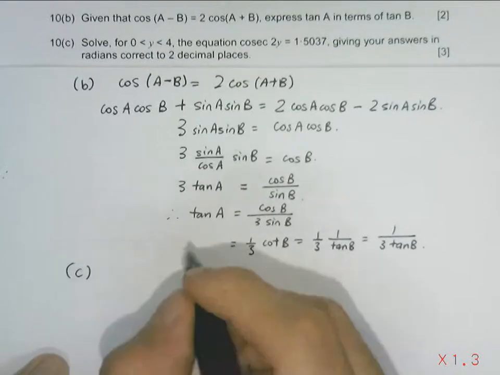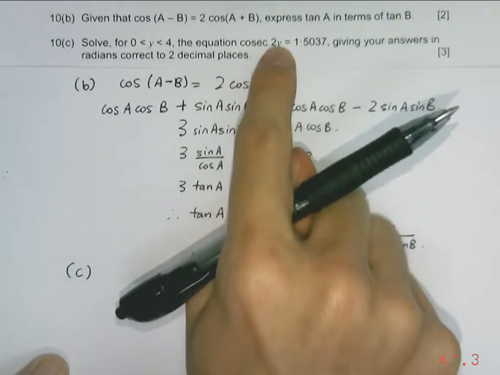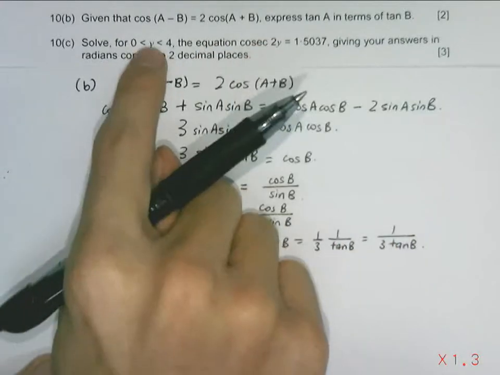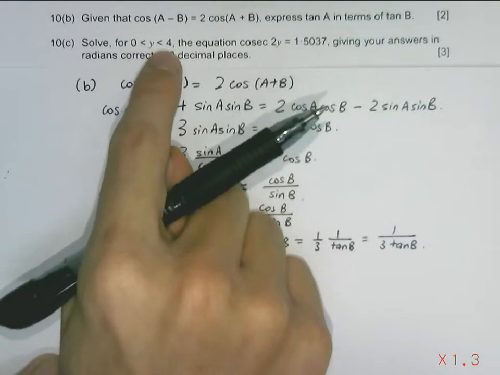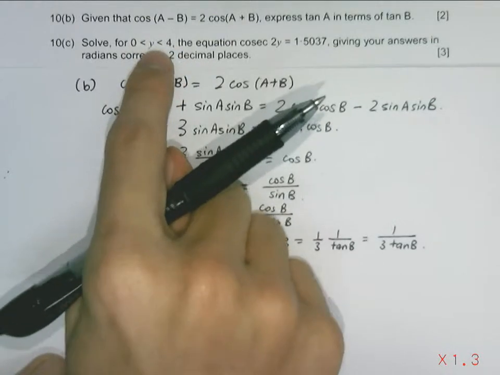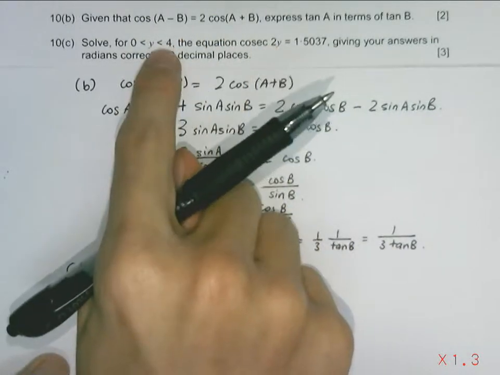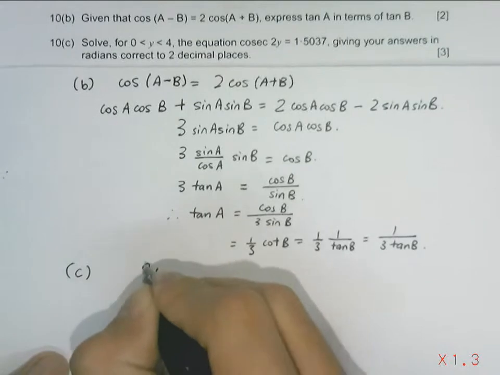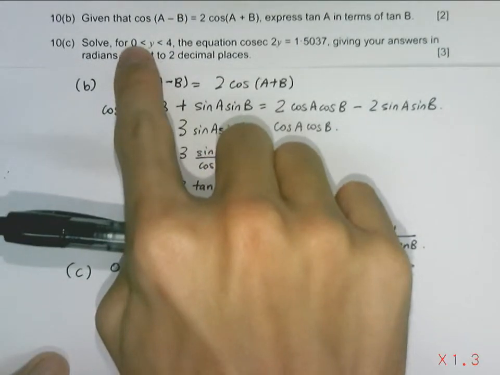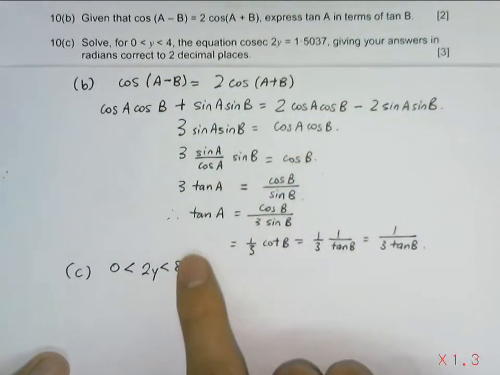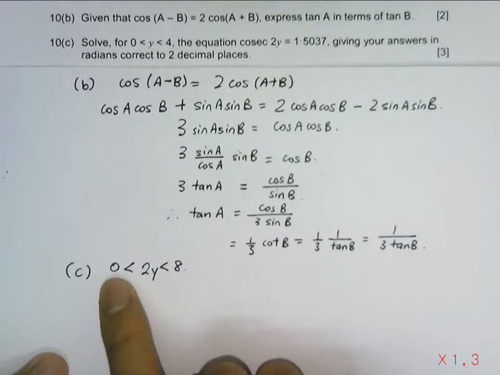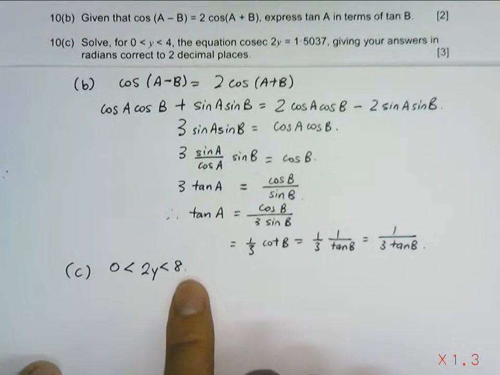It is important to note the range of this angle first, because we have 2y here, but our range is given between 0 and 4 for y only. So multiply this by 2 first to check. My 2y should range from 0 to 8, because 4 times 2 gives us 8 radians. 0 times 2 is still 0. So my 2y angle must be between 0 and 8 radians.